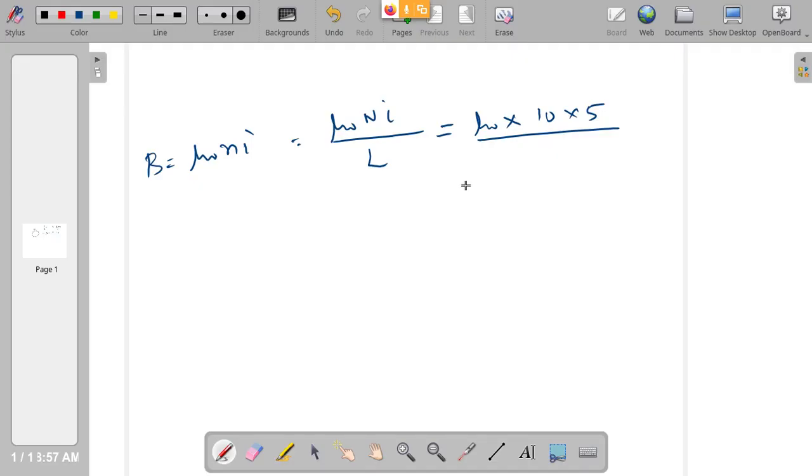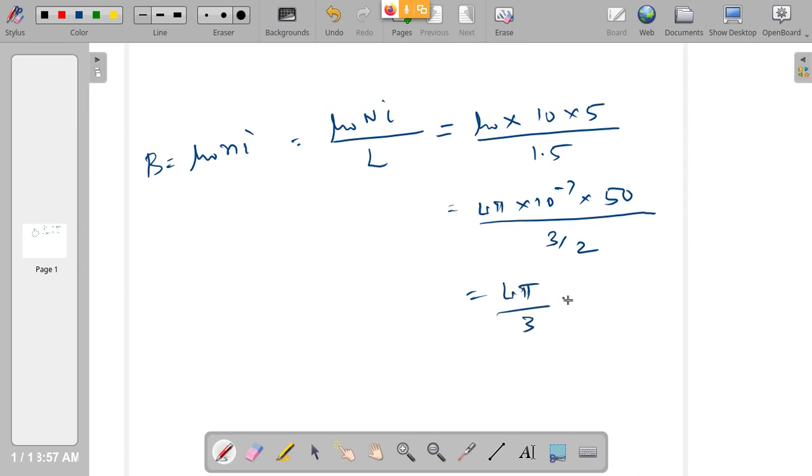Radius is not required, they are given, but it is 1.5 meter length. So it is 4 pi into 10 power minus 7 into 50 divided by 1.5 is 3 by 2. So 2, if you take numerator, it is becoming 100. 100 and 10 power minus 7 is 10 power minus 5.